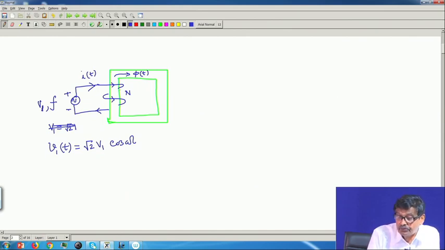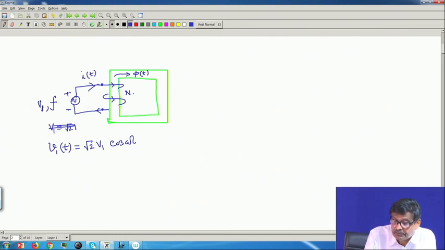Sometimes it will flow clockwise, sometimes anti-clockwise, sometimes it will be 0 when the instantaneous value of the current is 0, and so on. But the moment an alternating flux is created inside the core of this magnetic circuit, between these 2 points there appears an AC induced voltage.